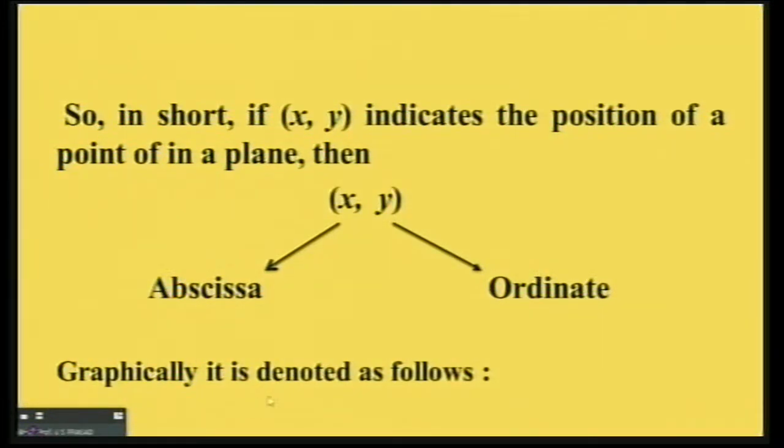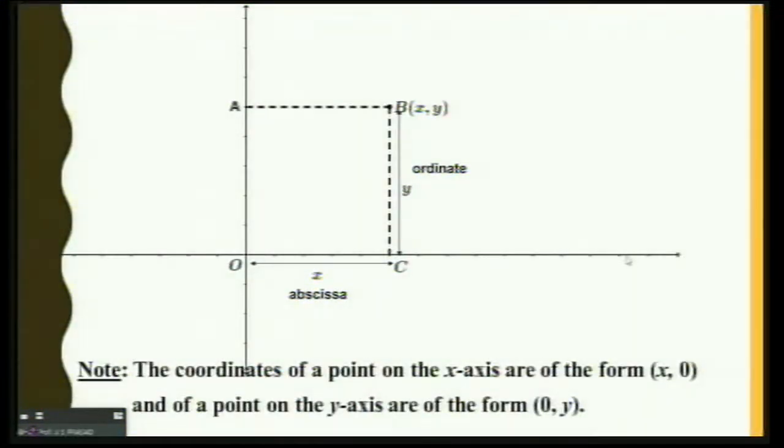And in fact, graphically it is denoted as follows. Look at the figure. Whenever we take a point in a plane, we denote it as P of x comma y. The length OC we call the x distance, which is the abscissa, and the length BC we call the ordinate, which is the y coordinate.